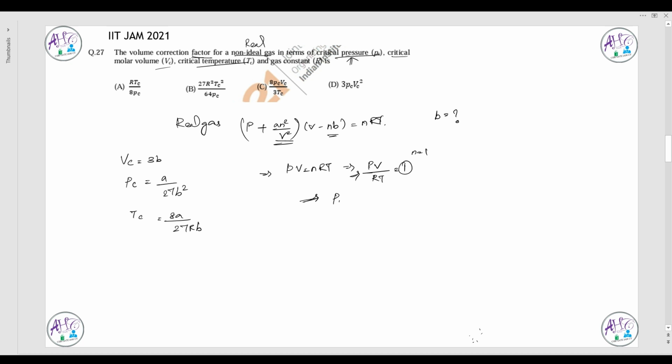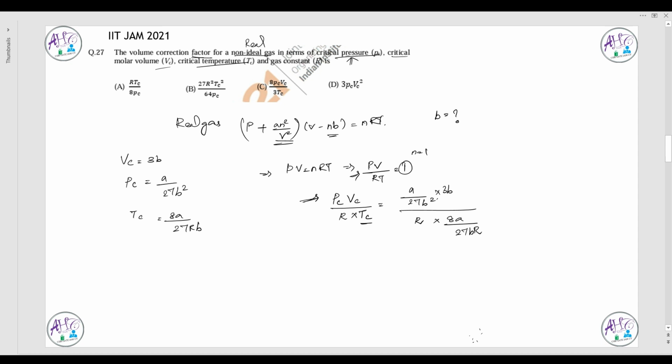So this is going to be critical pressure into critical volume by gas constant into critical temperature. So simply substitute the values: 8 by 27b square, 3b, by gas constant R, which remains the same, and then your critical temperature, which is 8a by 27 Rb.